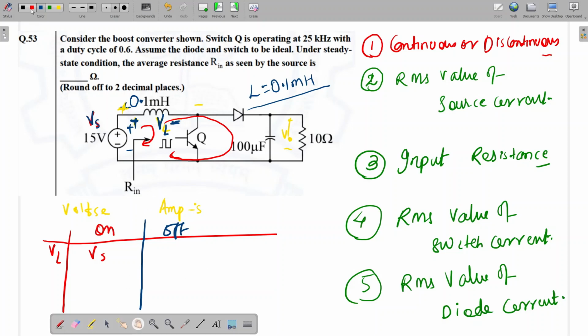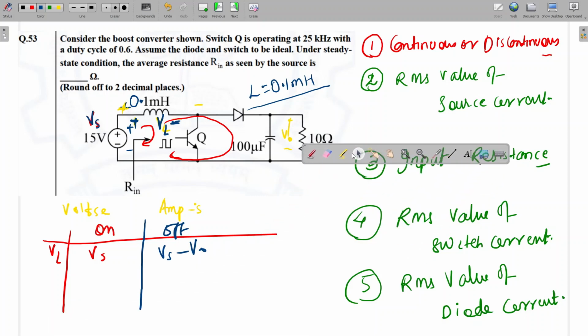In the second case, when this switch is off, the diode will conduct. So across the inductor the voltage will be Vs minus V naught. Now we can draw the inductor voltage waveform.